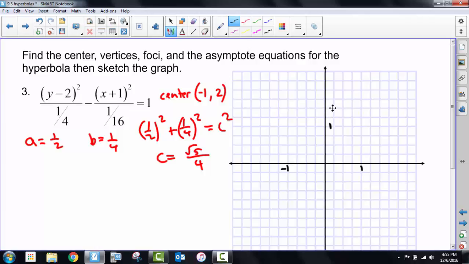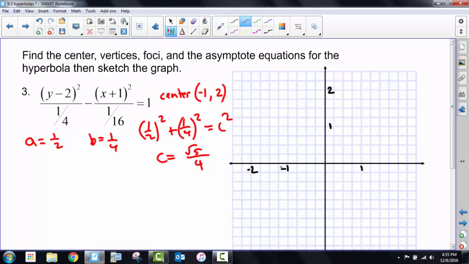Now you might be able to look at our values and figure out what made me decide to do 4 spaces. First of all, we have small numbers for the center, -1 and 2, so I know I didn't have to move too far. But the other issue was the b value being 1/4. If I make every space worth 1/4, that makes it much easier to go ahead and draw that rectangle in the middle.